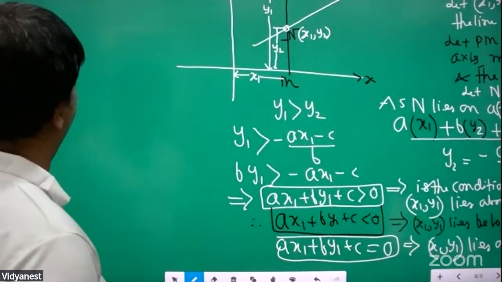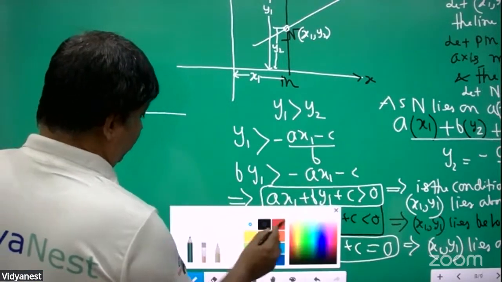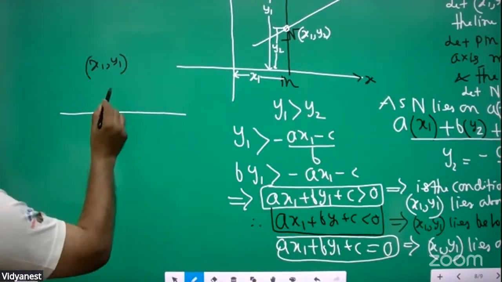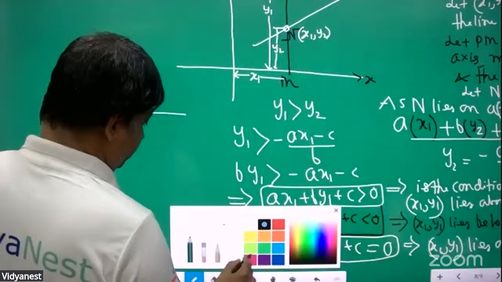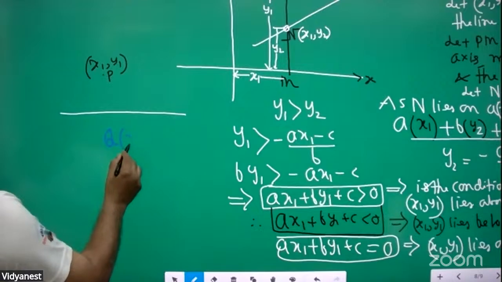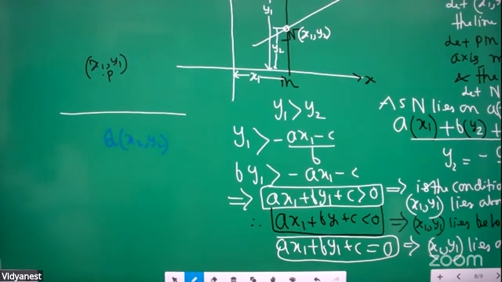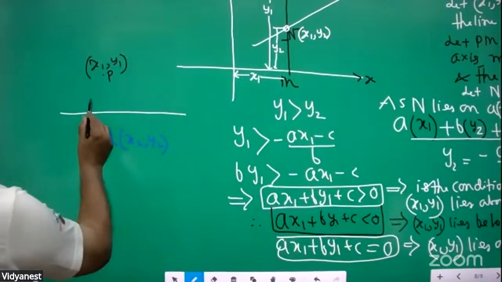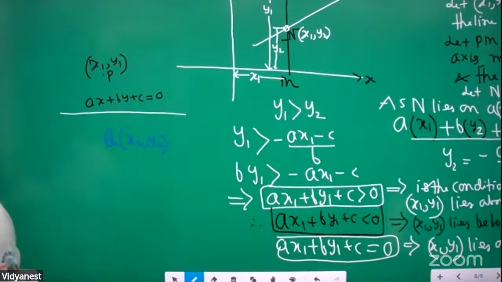See, there is a straight line and 2 points are given. One point is P (x1, y1), and another point is Q (x2, y2). The line is x + by + c is equal to 0.